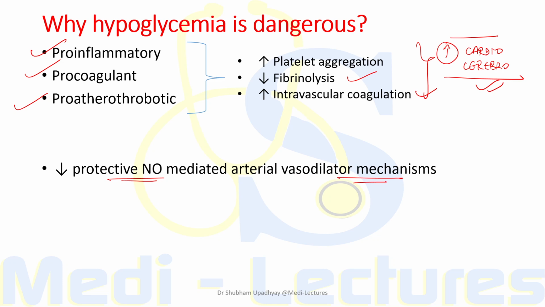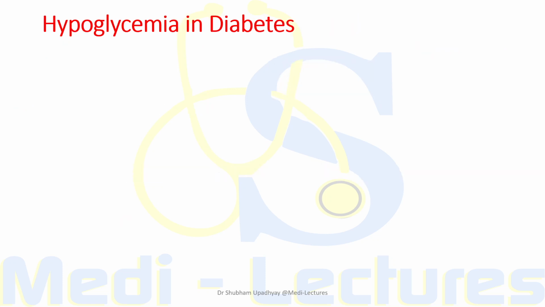Now, after all this discussion, we'll come to discussion of first hypoglycemia in diabetic individuals. Then we will discuss the causes of hypoglycemia in non-diabetic individuals. So hypoglycemia in diabetes is a limiting factor in glycemic management of diabetes. So basically we can consider that intensive blood glucose control is a double-edged sword.